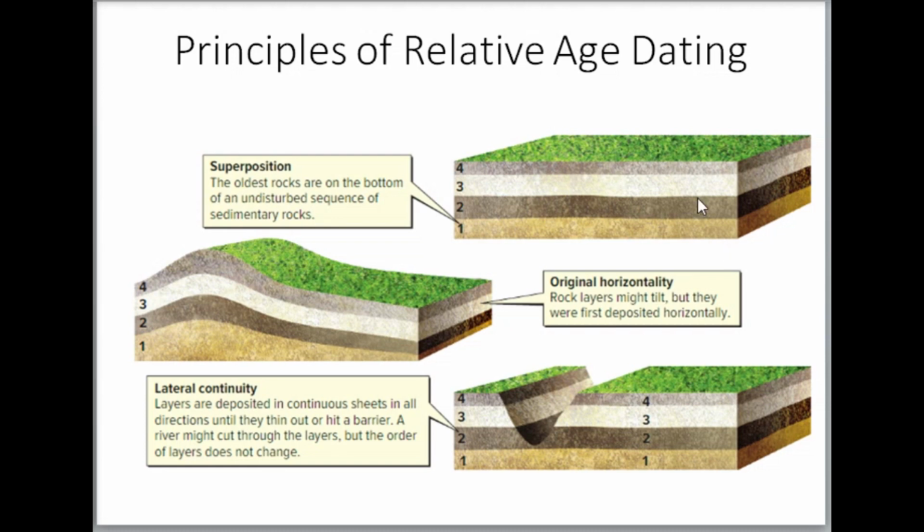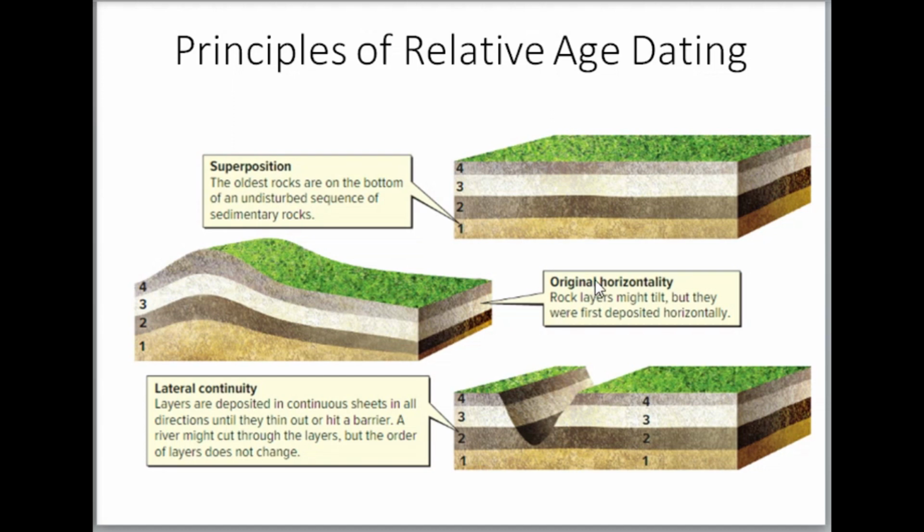The idea is that when sediments are deposited, for example in the ocean, as they hit the bottom, they get compacted and turn into rock. Then the next layer that goes on top is going to be younger than the layer beneath it. And that's how you use the idea of superposition.